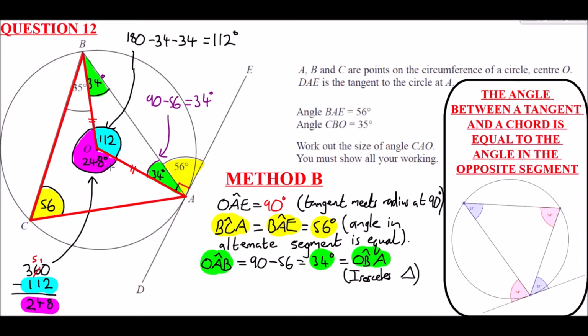We need to know that a four-sided shape, a quadrilateral in other words, has angles inside that always add up to 360. So after all this working, ultimately this is the angle we want to find. That's angle CAO.